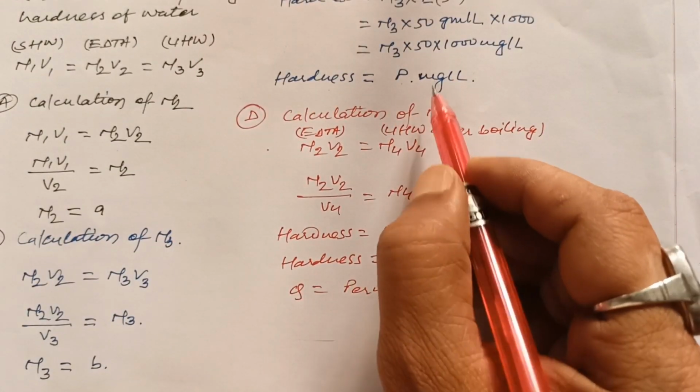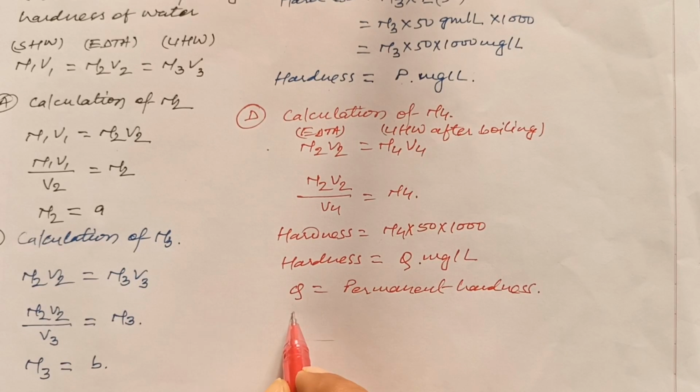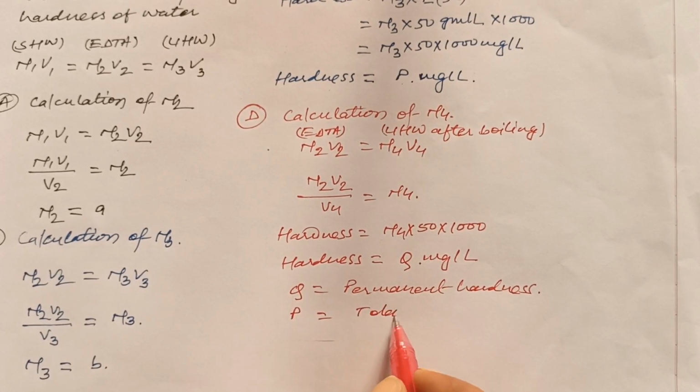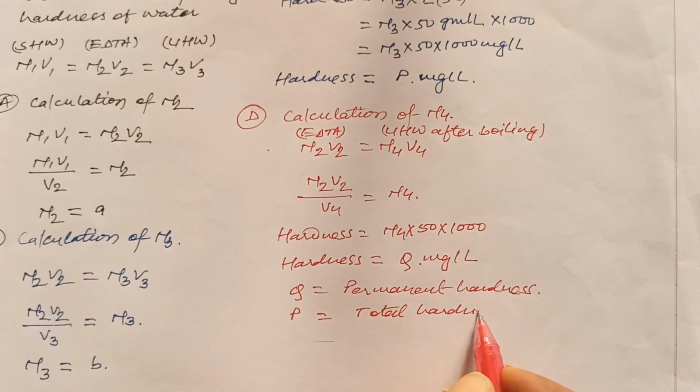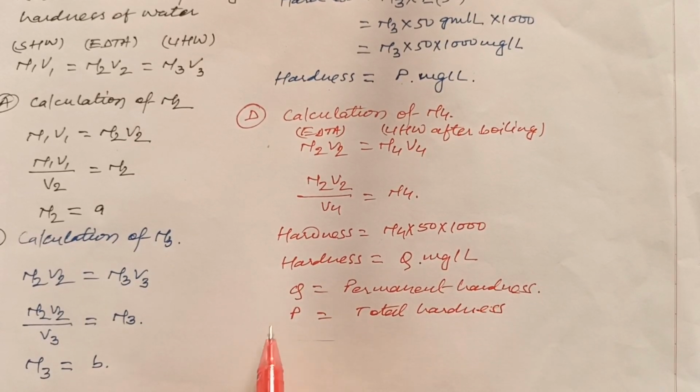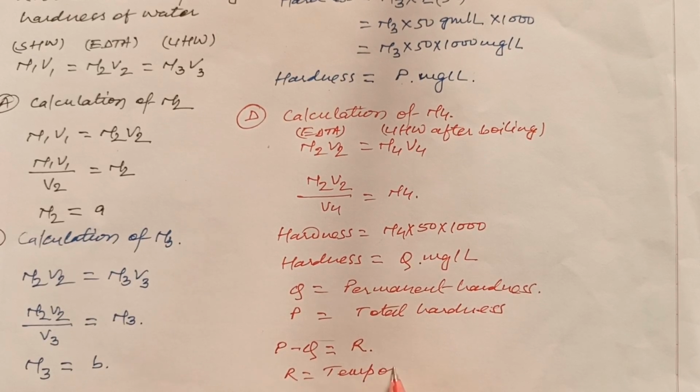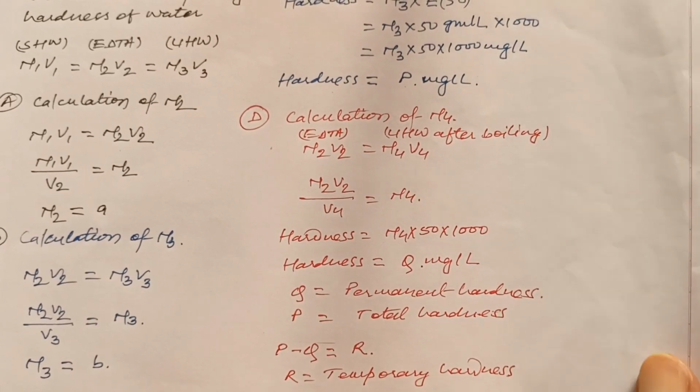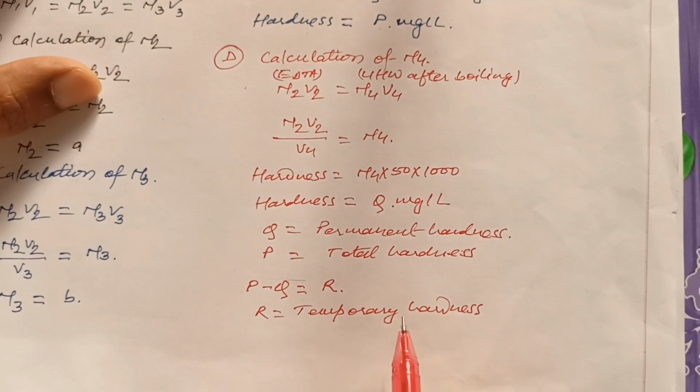So this particular P is total hardness, and if we subtract permanent hardness from the total hardness, that means P minus Q, we get a new hardness, suppose R, and this hardness R is called the temporary hardness. So now we have three types of hardness.